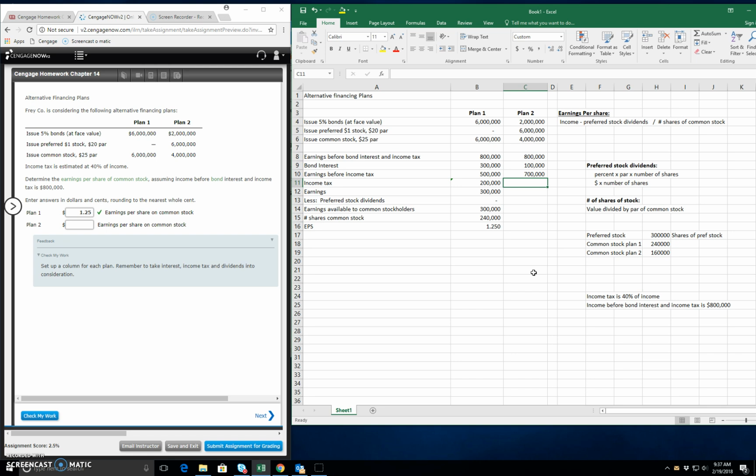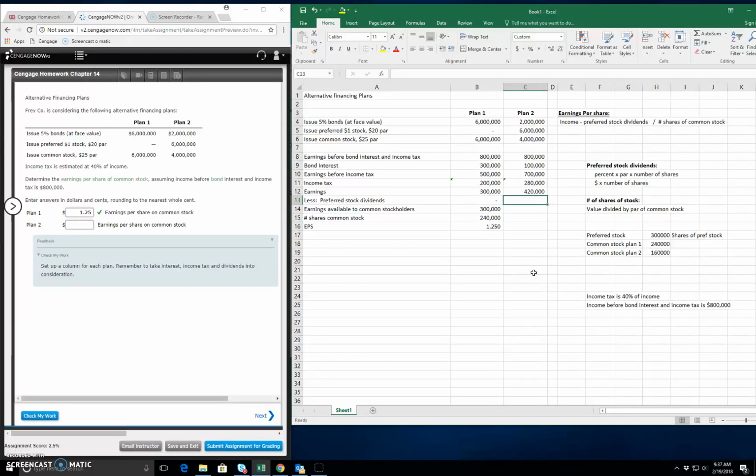Now to calculate income tax, it'll be the 700,000 times 40%, which is our income tax rate. So now to get straight earnings, another way to see that is earnings after bond interest and income tax is going to be 700 minus 280,000.